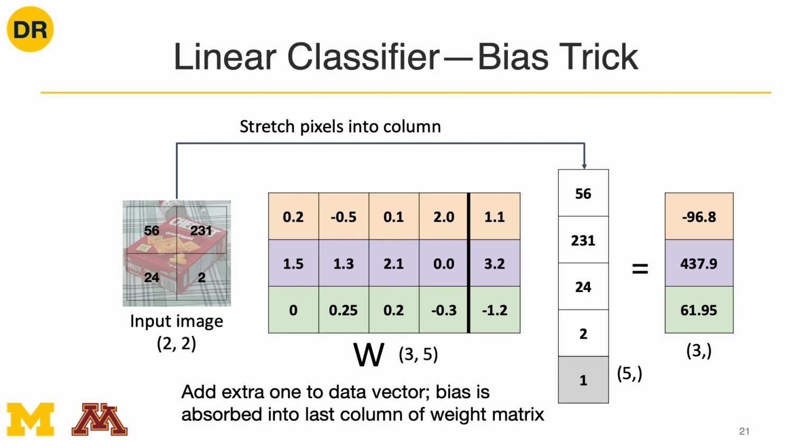One way to think about that is this phenomenon known as the bias trick, where we can represent the overall function, w times x plus b, as just a single matrix multiply if we append a constant value of 1 to the very end of our input vector, and then add the bias terms, which we were previously adding at the end, as just an additional column on our matrix.